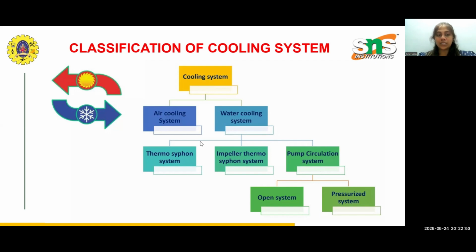Then the liquid cooling system, that is, the water cooling system, is more common in modern tractors. The major components used here are the radiator, water pump, thermostat, fan, and coolant with hoses for passing it. The working principle is that the coolant circulates through the engine, absorbs the heat, and carries it to the radiator.